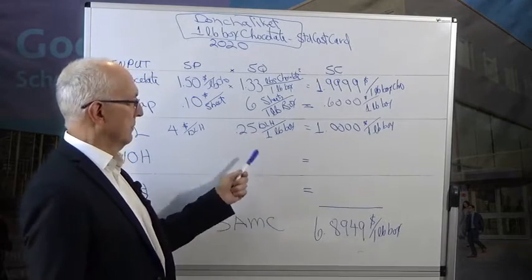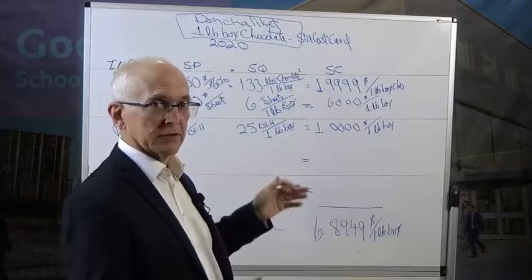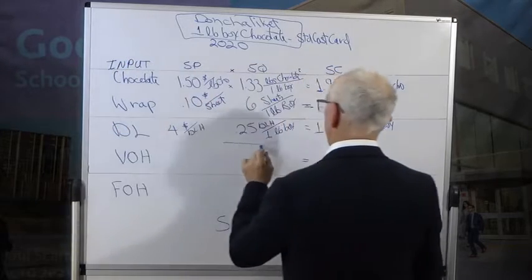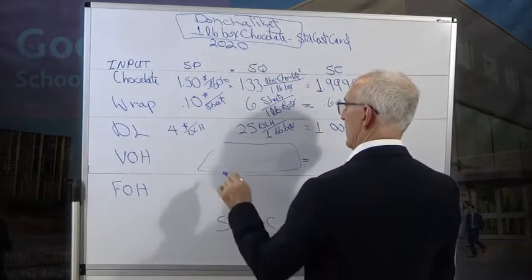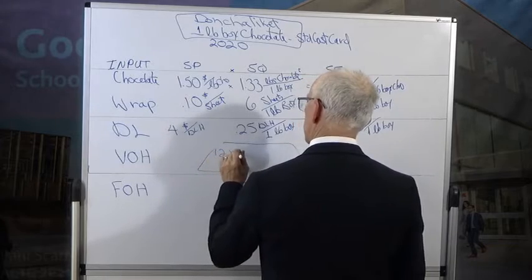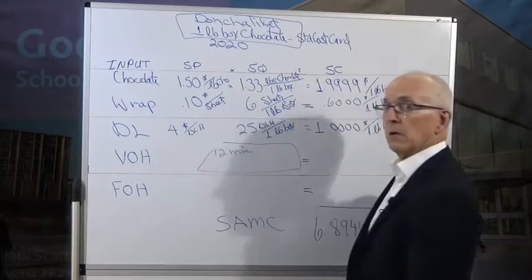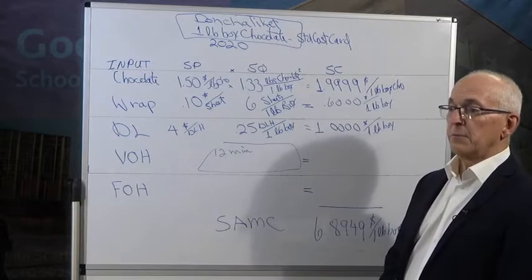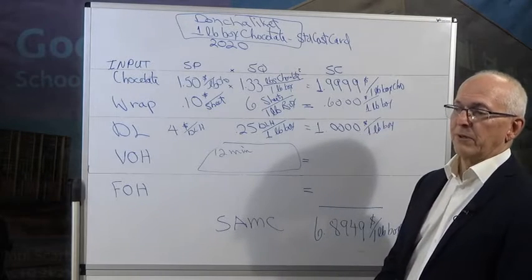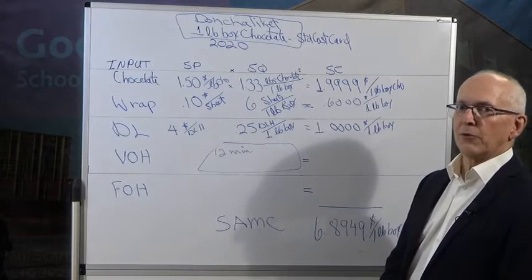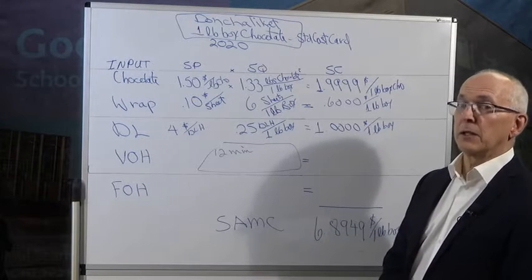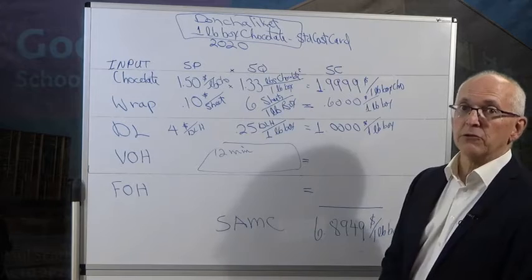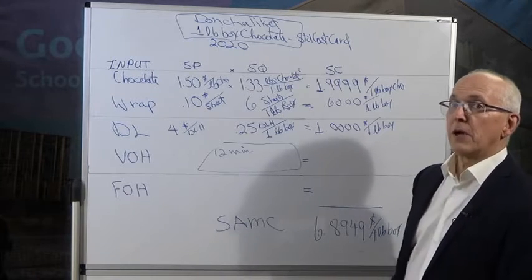So basically what the situation is, I'm going to do this right here just quickly so you can see it. This is my scratch sheet. I have 12 minutes of value-added time to make a box of chocolate. With a little experience, you'll remember, after the second time you work one of these problems, 12 minutes is 0.2 direct labor hours. This is where I make the conversion. So that's your first opportunity to convert.